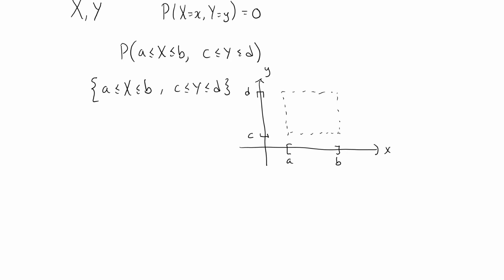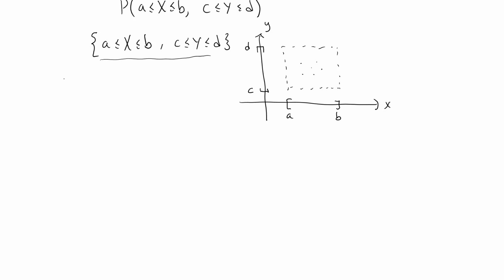If the experiment ends up in such a way that X and Y will map the outcome into a number inside this rectangle, then this event will turn out to be true. So in the single random variable case, a less than or equal to X less than or equal to b becomes the integral over the real line from a to b of f of x dx.